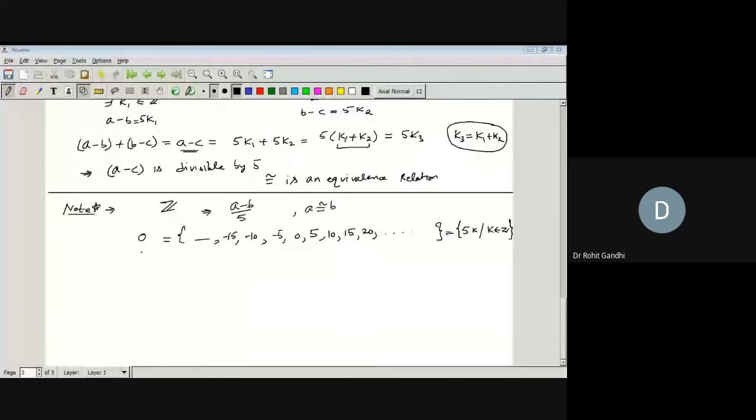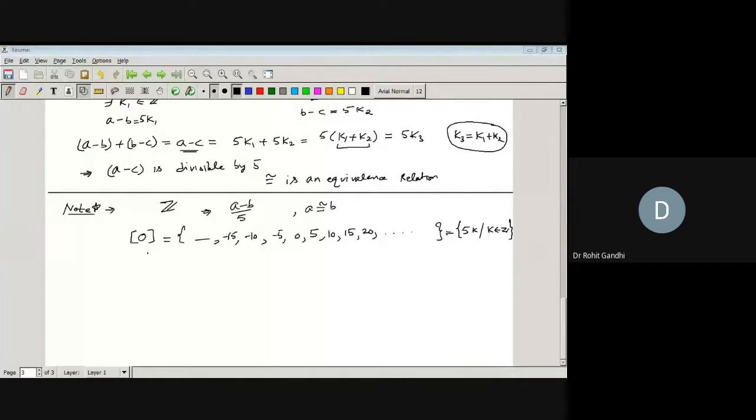If I collect all the elements which are in relation with a particular element, I will call that set the equivalence class of that element, and I will write it in rectangular brackets. So here we have a definition of equivalence class: we see which elements are related to that particular element.